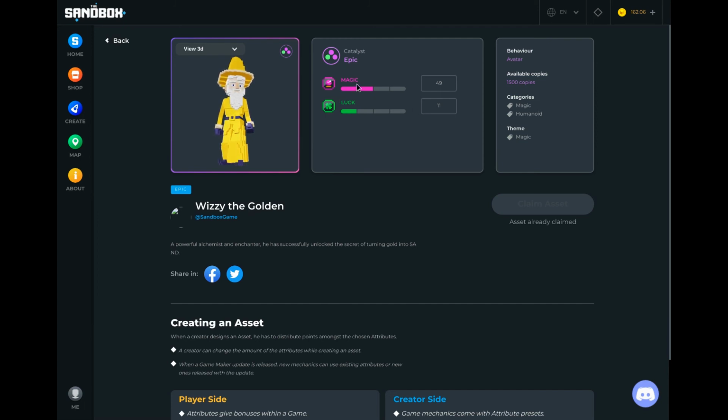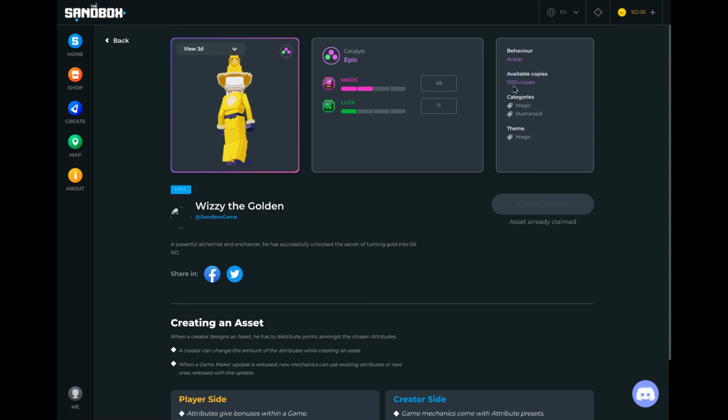So that's how they've deposited those 2 units, and this is actually random. Not even every Wizzy the Golden NFT will have exactly the same stats. This is roughly around 10, but actually that was 11. That one's 20. So I'm talking rubbish there, but it is random as far as I believe.